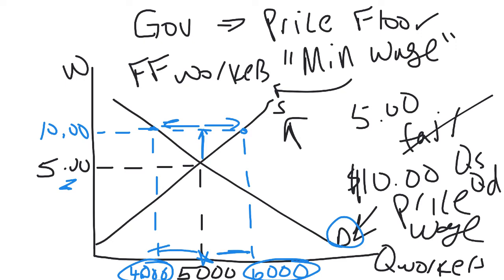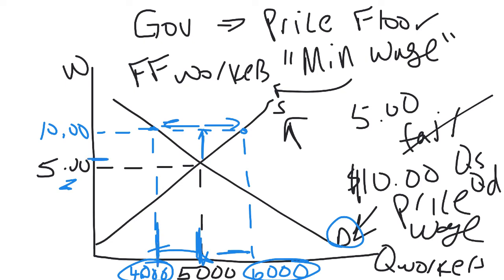One of the arguments against increasing the minimum wage is that you're going to have fewer jobs available and lots of people wanting those jobs. And so it's going to cause a lot of different repercussions. The people that are against increasing the minimum wage would argue that it's going to hurt the people that it's intended to help. So who are the people that get fired in this process? Who are the 1,000 people from the 5,000 to the 4,000?